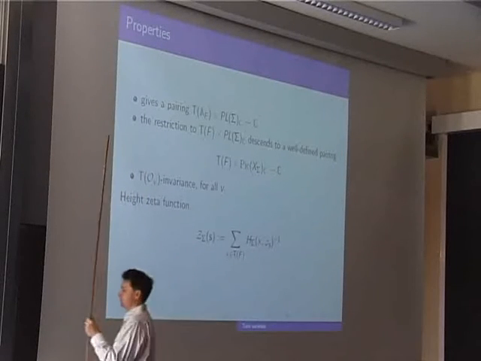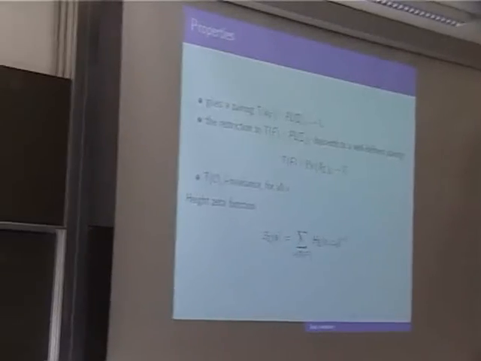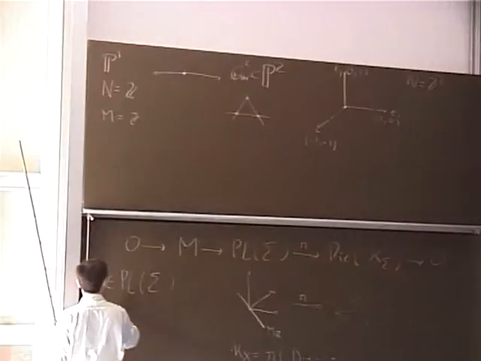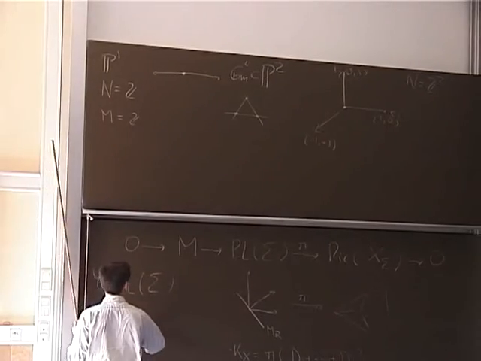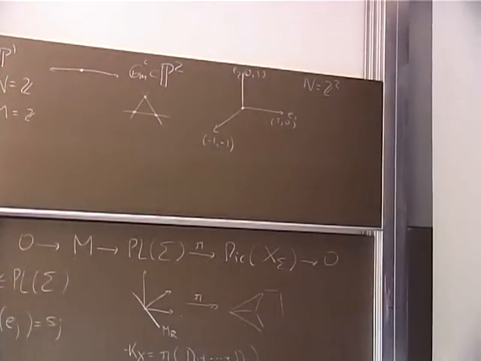So this piecewise linear function is determined by its values. Maybe I should write it here. So a piecewise linear function on sigma will be determined by its values on one-dimensional generators, which are sj, complex numbers.